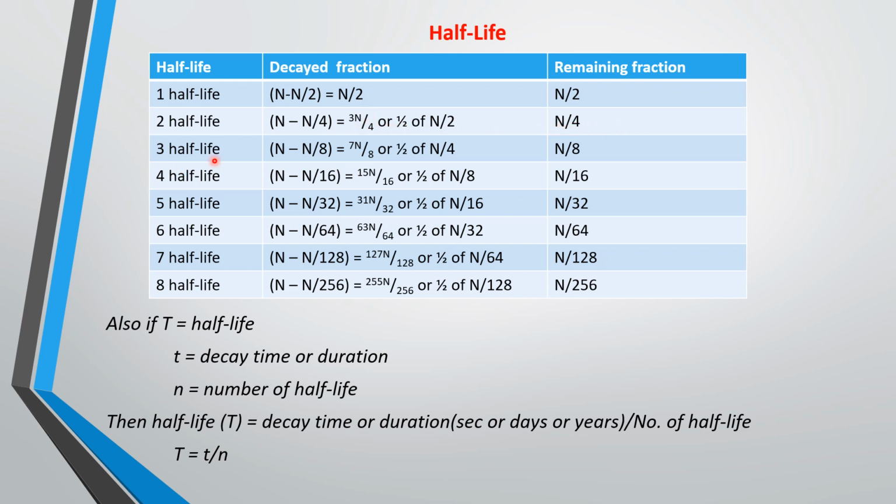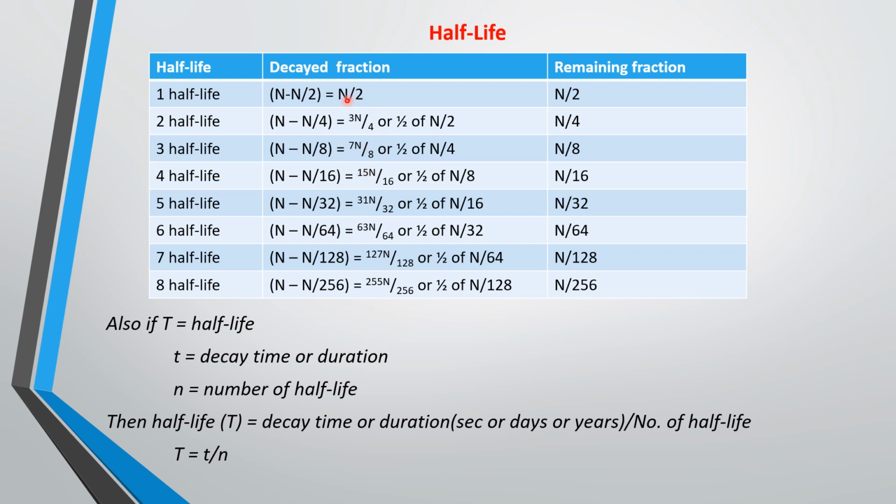Then at 3 half-life, amount decayed is 7n over 8, or 1 over 2 of n over 4. Don't forget that the total amount decayed at any of the half-lives, you have to add this plus this plus this, and it will give you the same amount that is here.